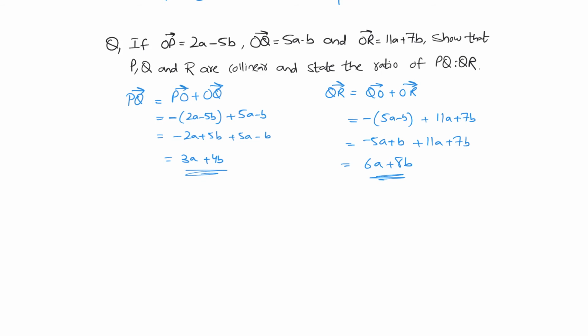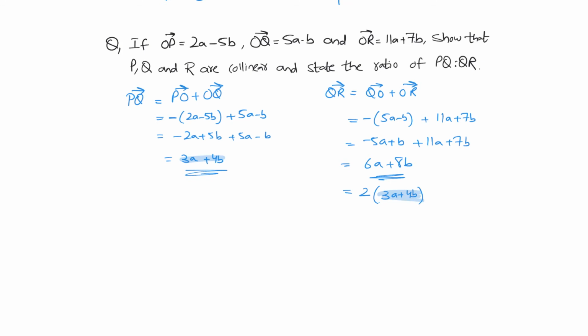We were asked to show PQR as collinear. So the first condition for being collinear was that they should be scalar multiples of each other. If I take 2 common from here, I am going to get 3A plus 4B. So you see, PQ is 3A plus 4B and QR is 2 times 3A plus 4B.